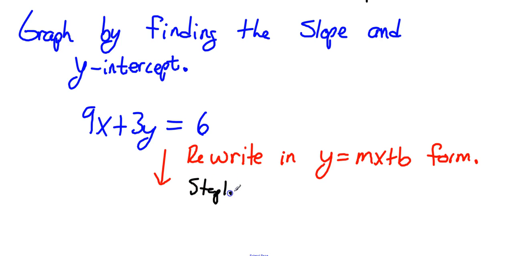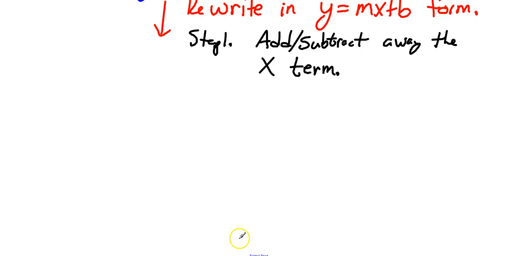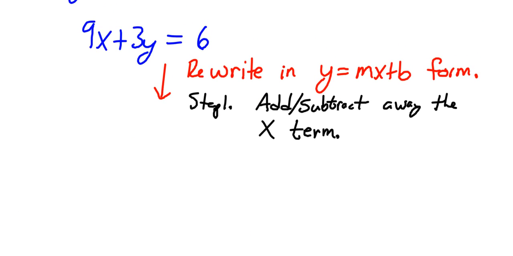Step one is you're going to add or subtract away the x value, depending on what that number is and what you have to do to it there. So whatever the x term is, in this case 9x, you've got to get rid of it and move it to the other side. So for that part of it, we would wind up subtracting 9x and moving it over.